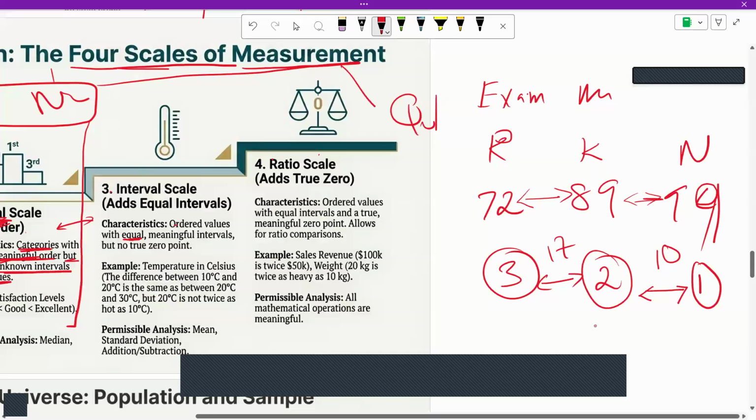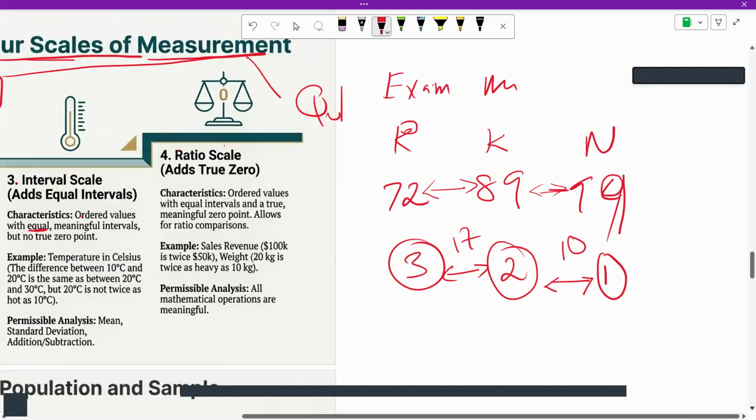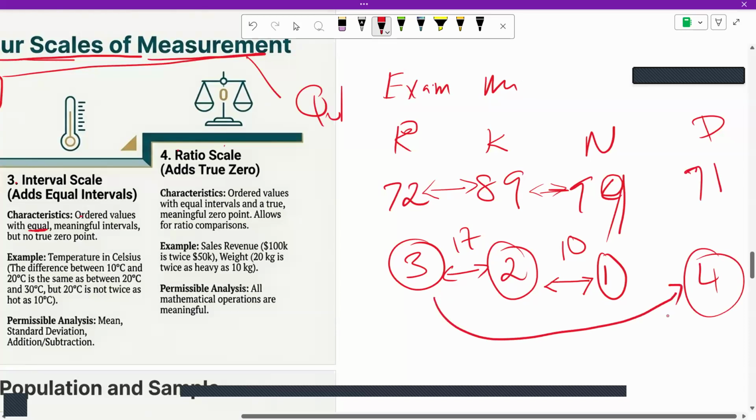We assume one more person, Dharmasene, who got 71. The rank would be 4. The difference between rank 3 and 4 is only 1.